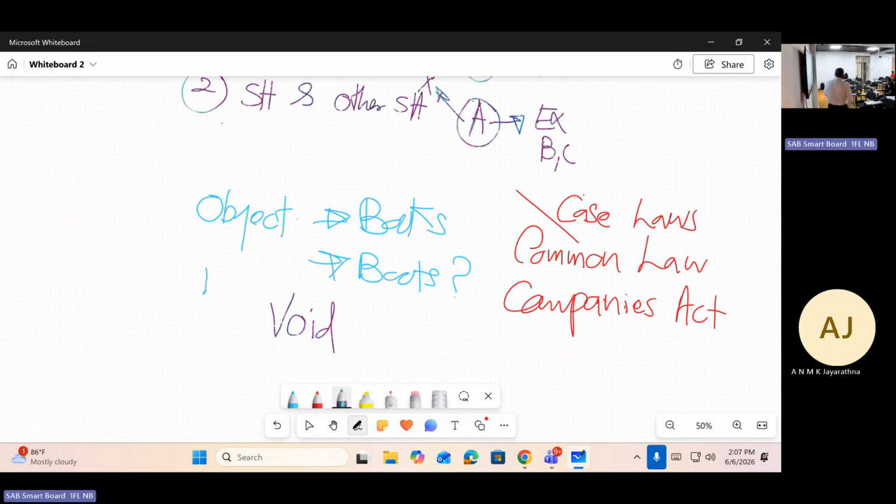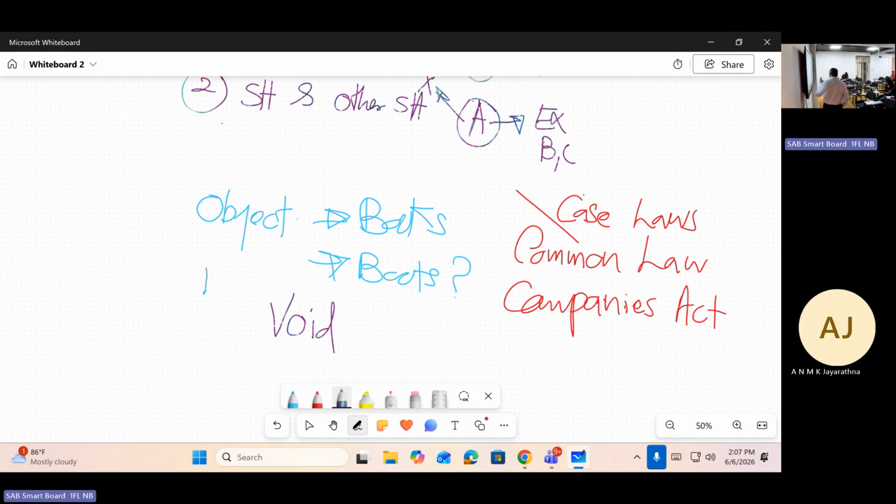Void means, there are three types of contracts we have discussed: void, voidable, and unenforceable. Void means invalid from the beginning. Suppose the parties engage in a contract on the 1st of January; from the 1st of January, there is no valid contract between the parties.